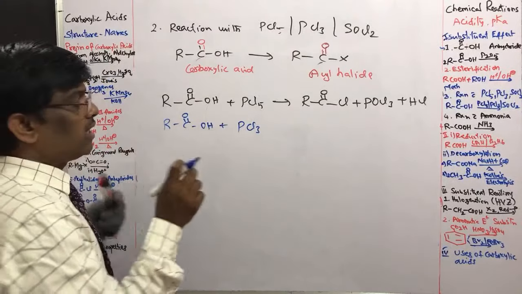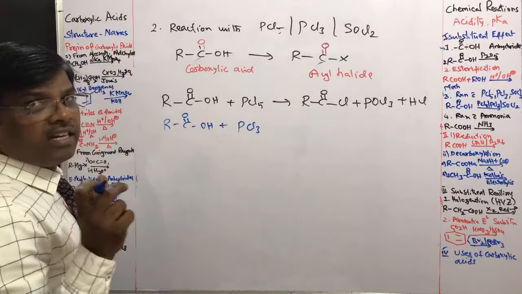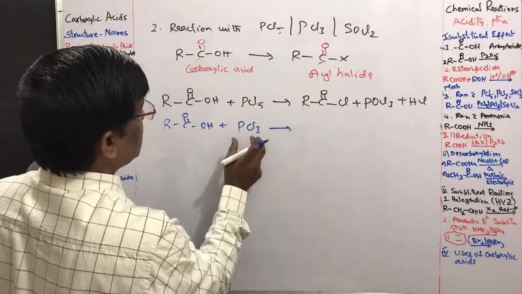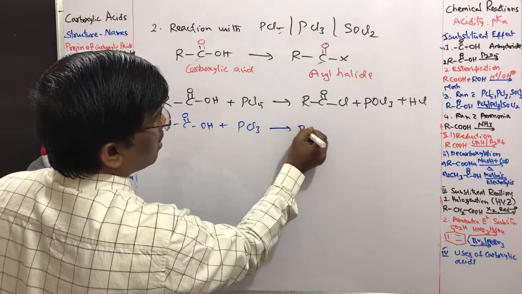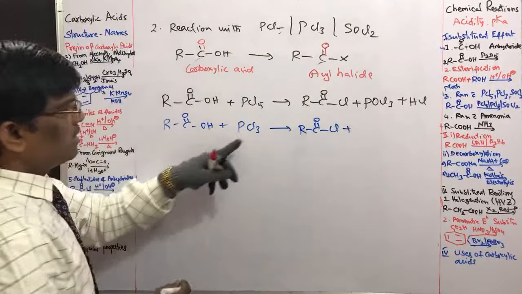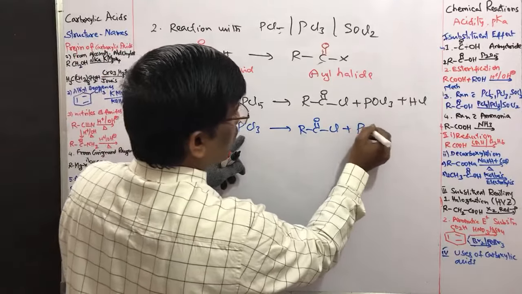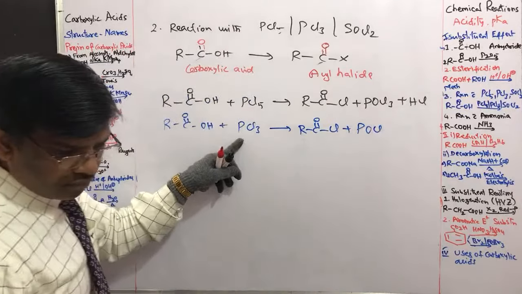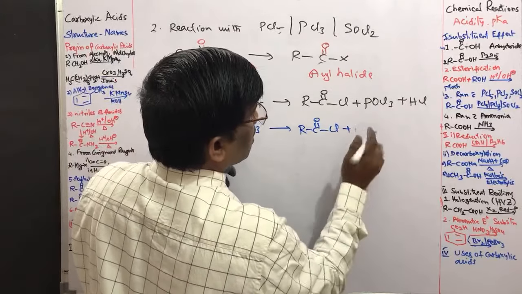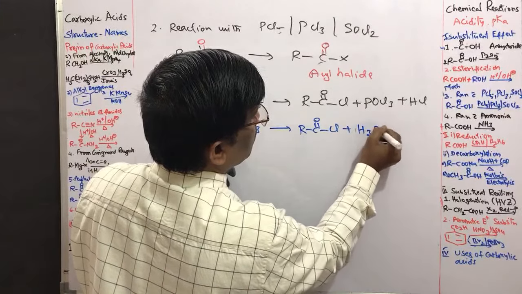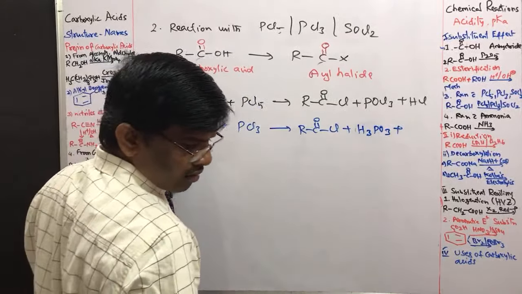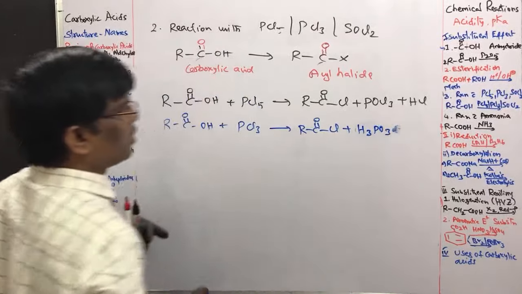However, if I use PBr3, there is another reaction it is going to undergo. So let us stick to PCl3: RCOCl plus H3PO3.